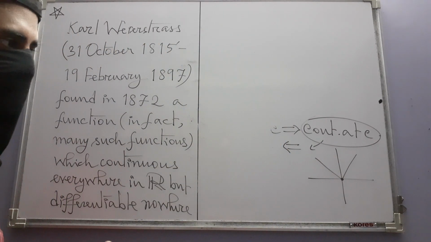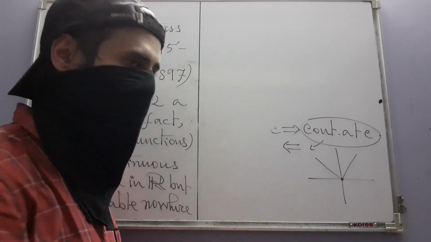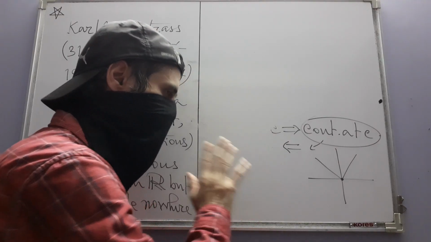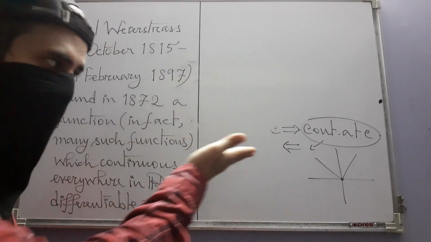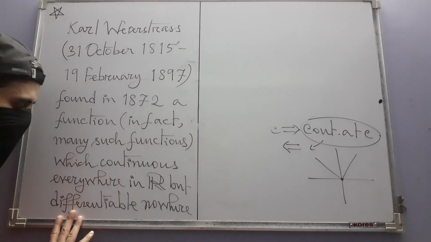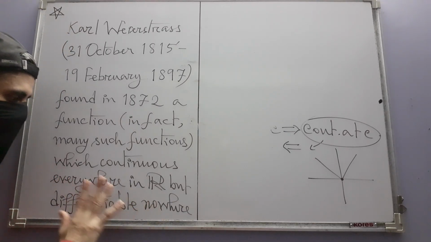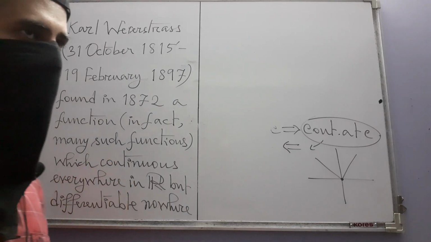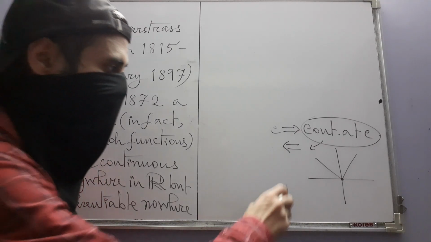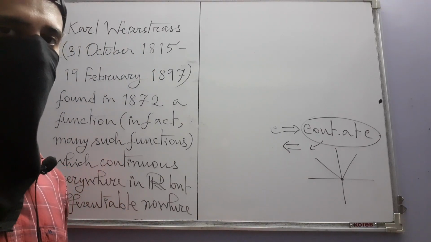But you may imagine that on sufficient magnification, you will come across a point which is a corner point, but around it it's smooth. No. For the functions that Weierstrass found, their graphs are so jagged that the graph cannot in fact be thought of.